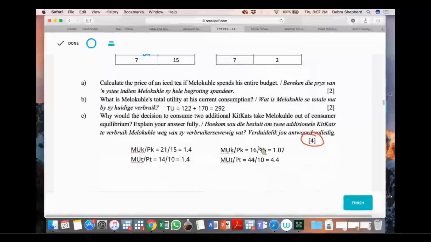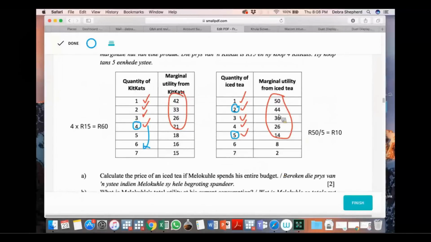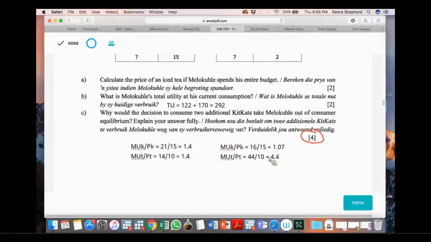So that means that the marginal utility of tea per Rand spent on iced tea will now be 44, which is the marginal utility of the second iced tea, divided by the price of iced tea, which is 10 Rand, which is going to be 4.4. So the result of this change in consumption takes Melokuchle to a point where the marginal utility per Rand of tea far outweighs the marginal utility per Rand of Kit Kats.